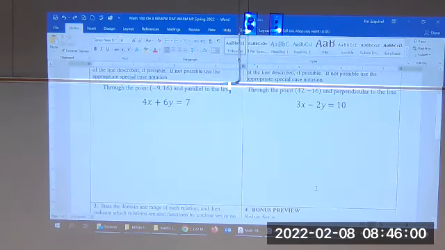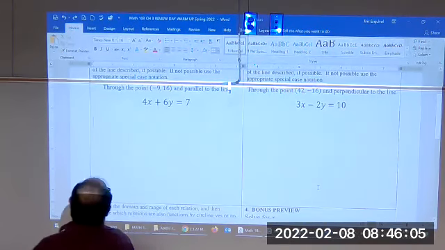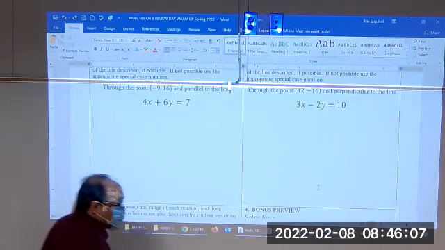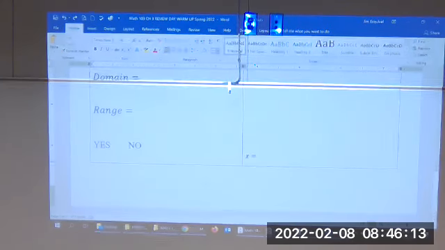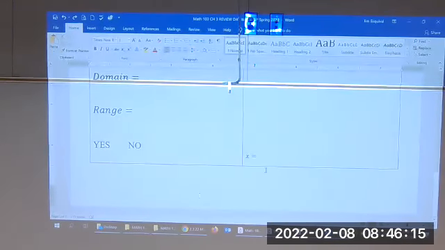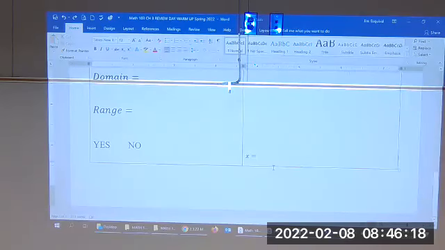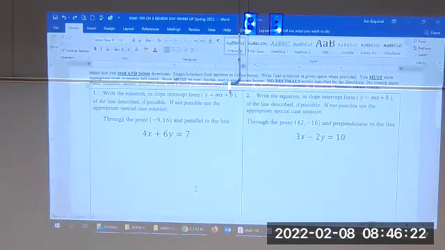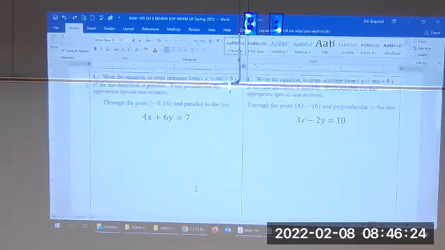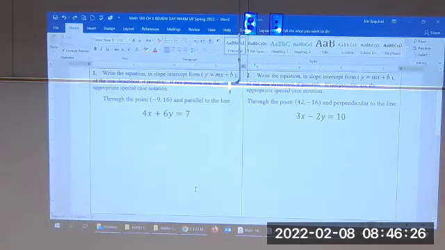So as you can see, the box is bigger than the one that was in the initial problem. We want parallel. Step 1, whenever you write the equation of a line, step 1 is you got to find the slope. You got to have the slope. So you're not given the slope on the review sheet.